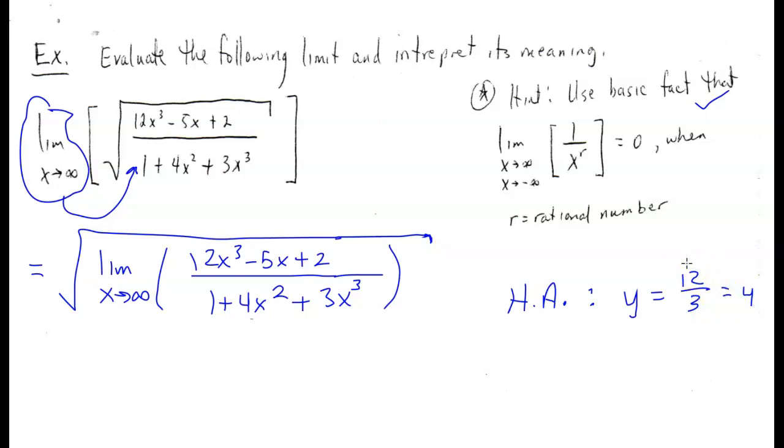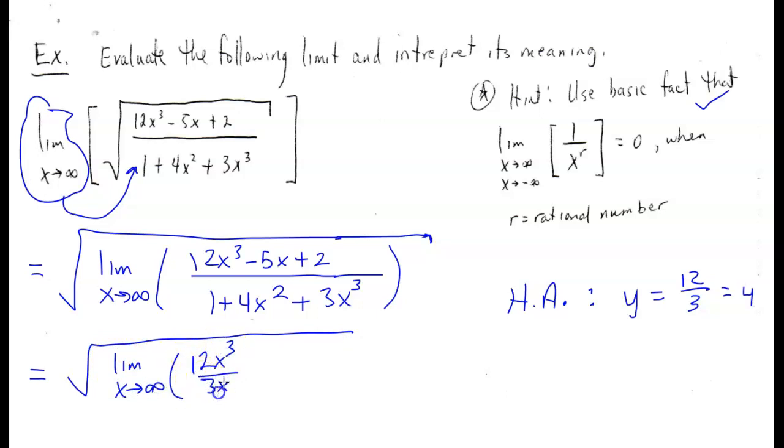Now, what this also tells us is that as x approaches infinity, this polynomial in the numerator is going to act more like its leading term than all this other stuff. And the same thing happens in the denominator, okay? So because of that, we can say that the square root of the behavior of this rational function will be just like the square root of the behavior of this rational function, okay?